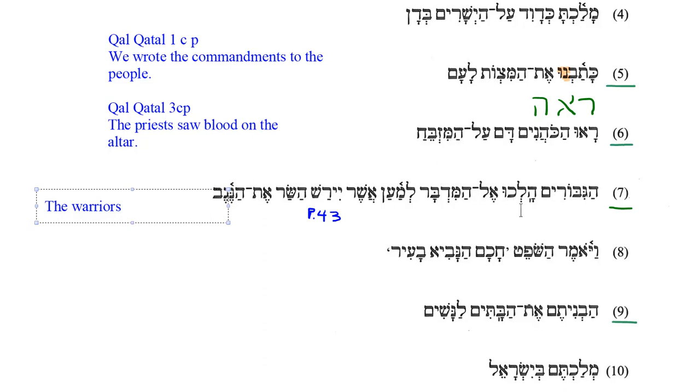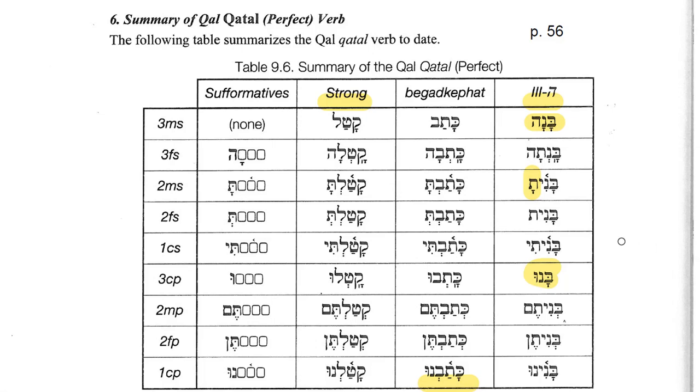We need to go look that up. So we'll look that up in our table. We can consider this, for our purposes, to be a strong verb for the time being. So we're going to come down here, and here's another third common plural, only in this case nothing drops off of it. We have all the letters in the root show up, which happens in a strong verb.